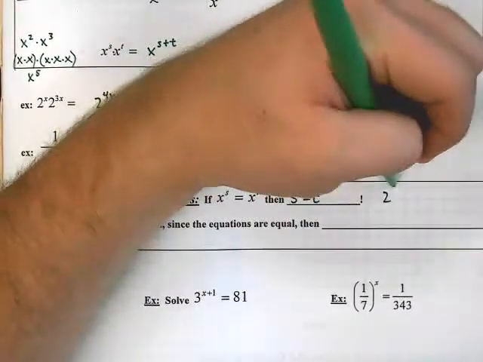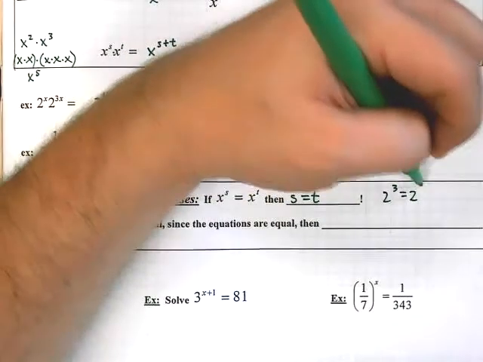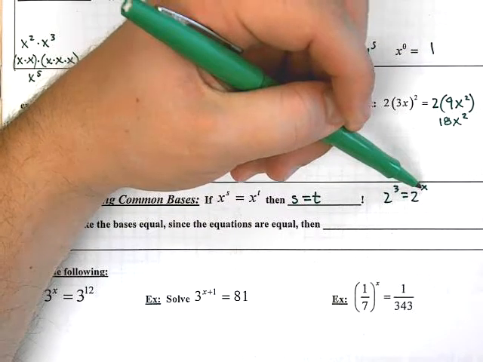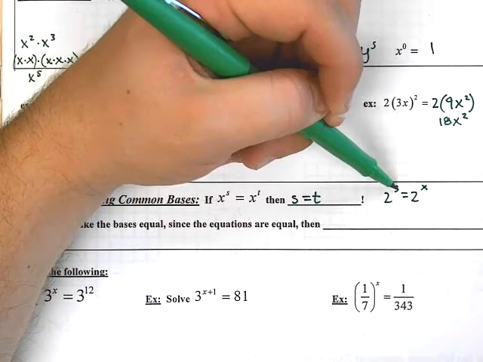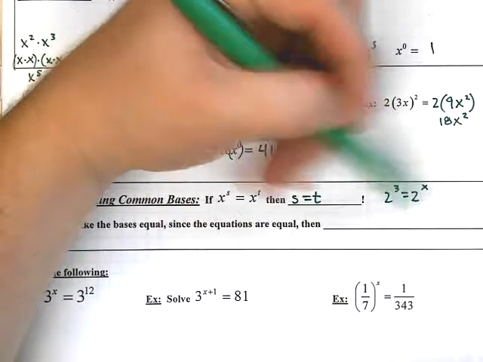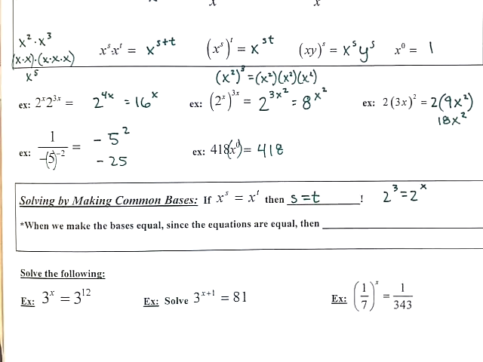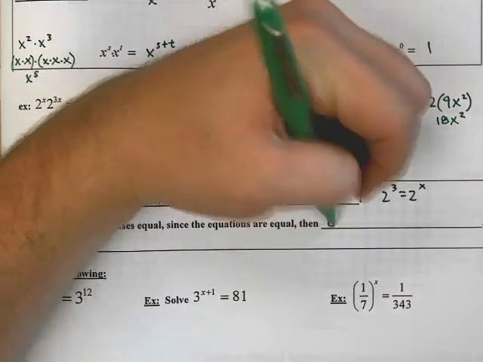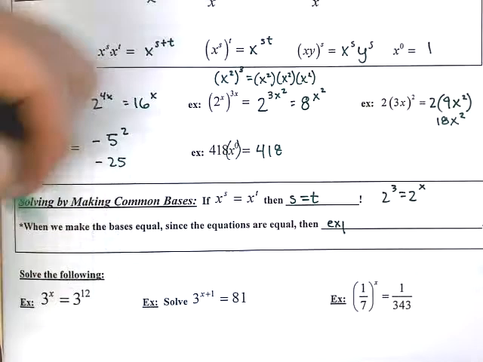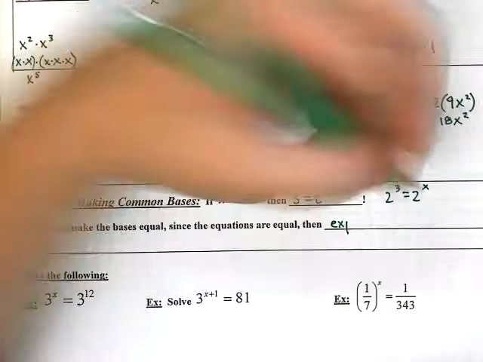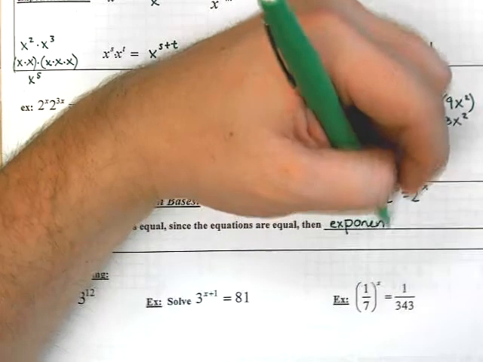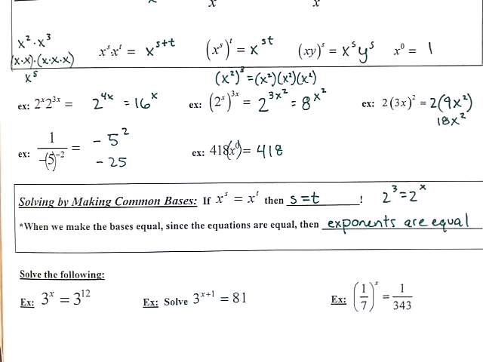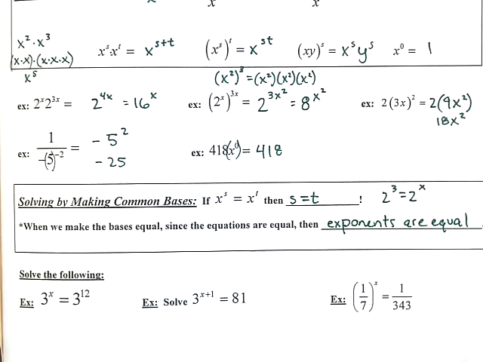If I have 2 cubed equals 2 to the x, there is absolutely no option but for what? x has to be 3. All right? So this is what we're trying to get to in all of these. When we make the bases equal, since the expressions are equal, then the exponents are equal. And that's the trick. That's what's going to unlock these problems for us.